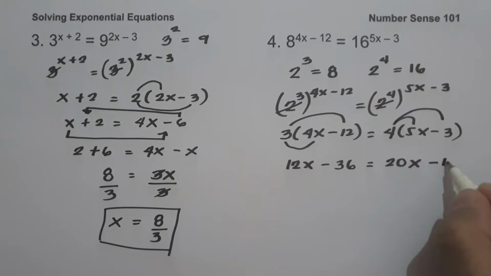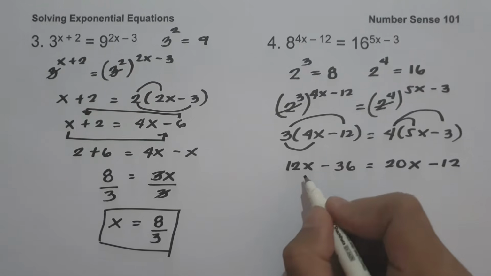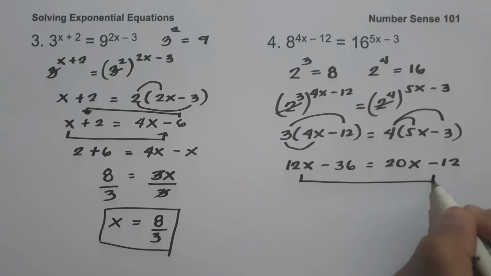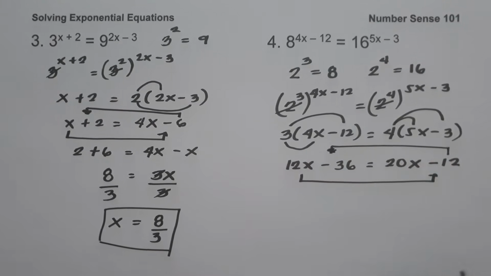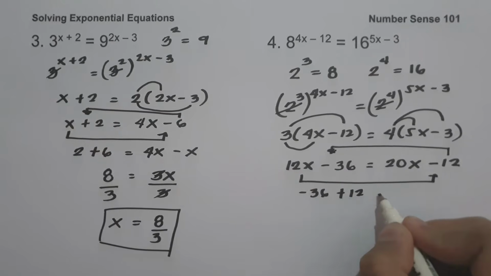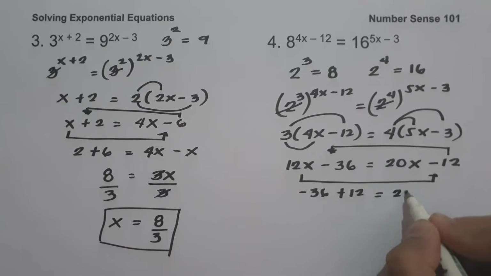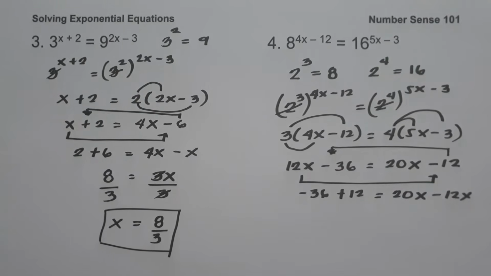And to simplify, let us move 12x on the other side of equation, and let us move negative 12 on the side of 12x minus 36. So let us have negative 36 plus 12 equals 20x minus 12x.